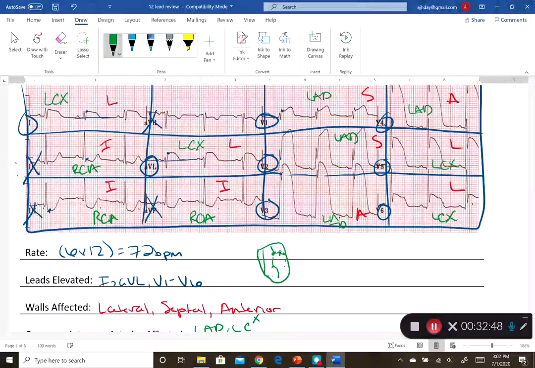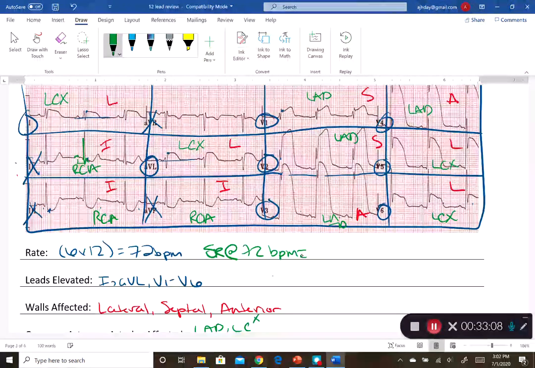So let's figure out what our rhythm is. Surprisingly, they're in a pretty good rhythm. We got a nice P wave, narrow QRS, PR interval looks normal, so it is sinus. Then we have a lateral, septal, and anterior wall MI.